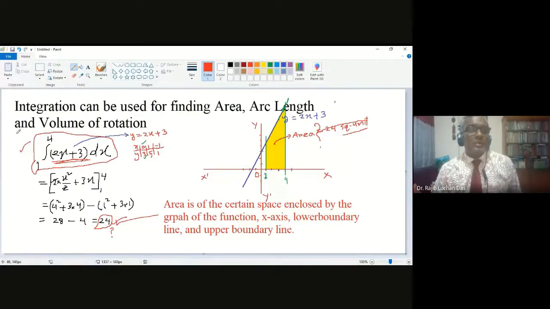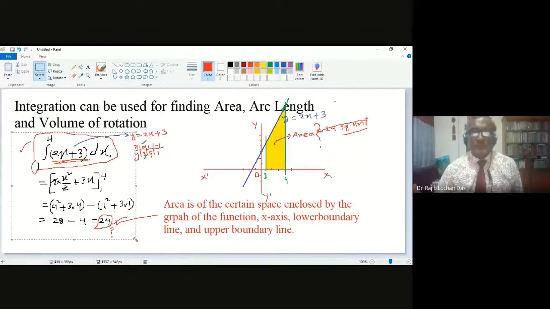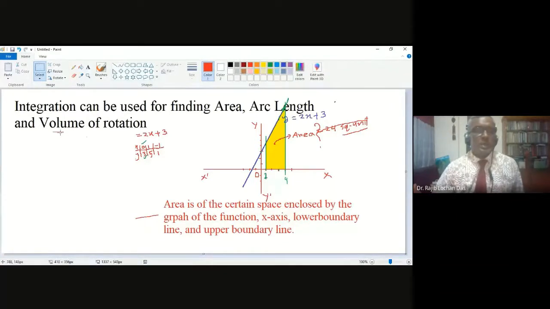Let me just erase the left part and do the problem here. You will apply the arc length formula now, and as Azharuddin was asking, you need to do the differentiation, because there is y1. So how will you do this?